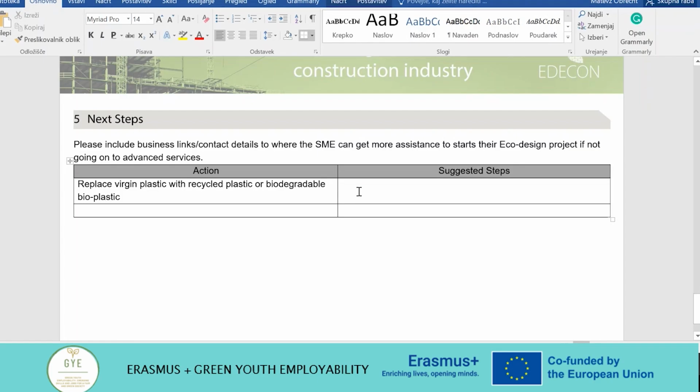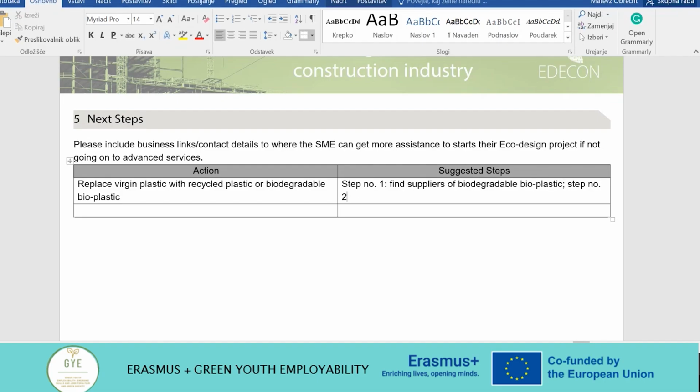And you can suggest also the steps. So step number 1 is find suppliers of biodegradable bioplastic.